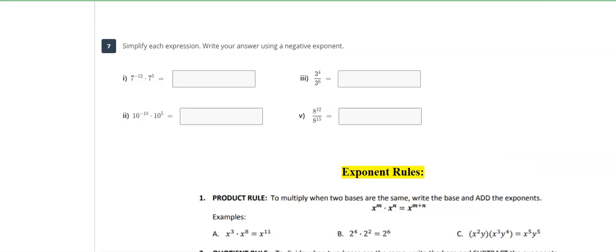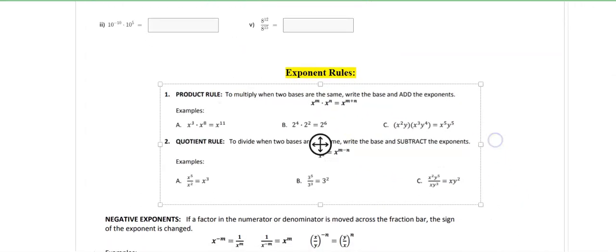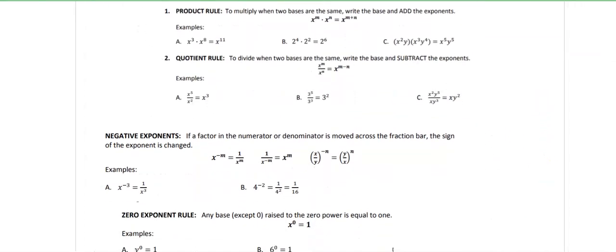Okay, and then another question on the MCAS that a lot of us had trouble with is exponents. It says simplify each expression and write your answer using a negative exponent. So do we remember our exponent rules here? We have the product rule: when we have the same base, we can add the exponents.